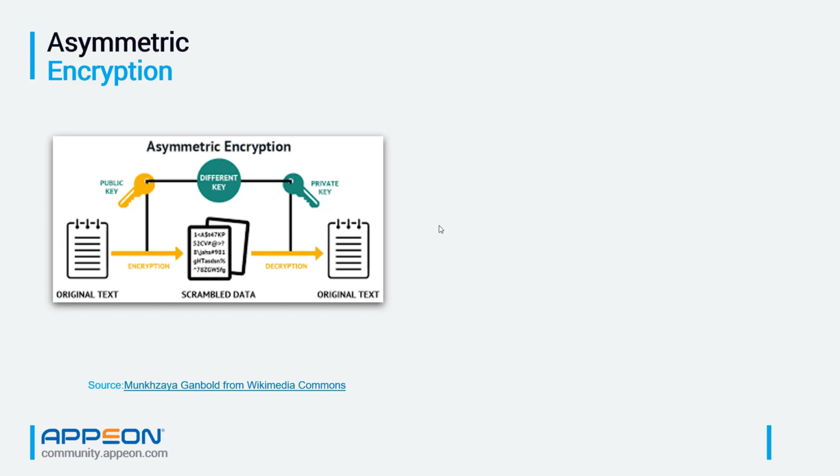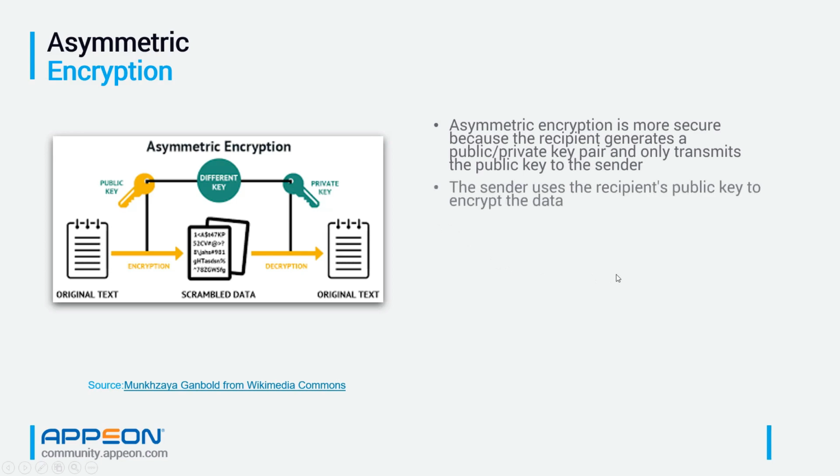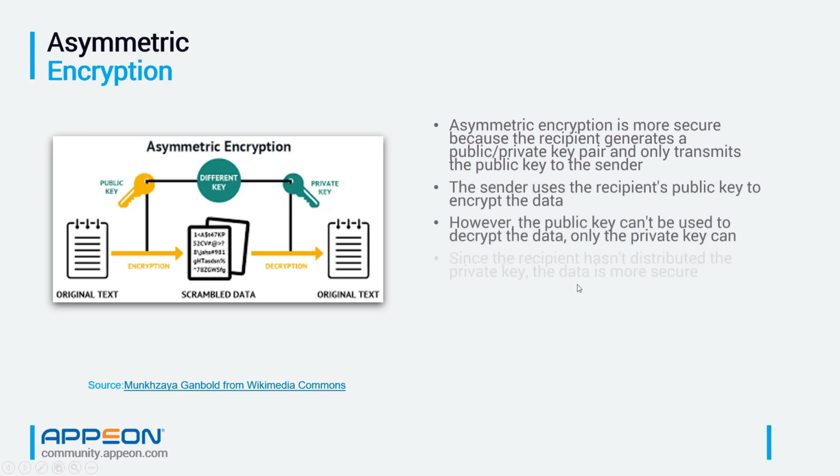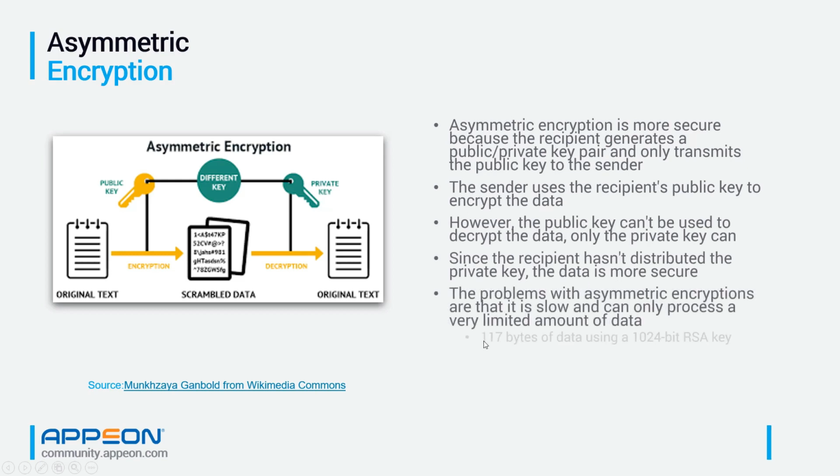You're not giving that private key away, you're keeping it to yourself, and so the risk of having that key intercepted somehow and used to decrypt the data is a lot less. The downside, though, of this particular encryption method is that it can't handle very large amounts of data.